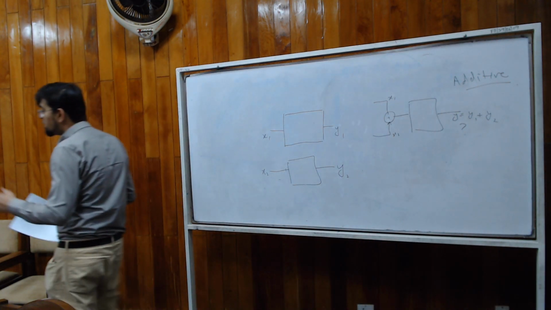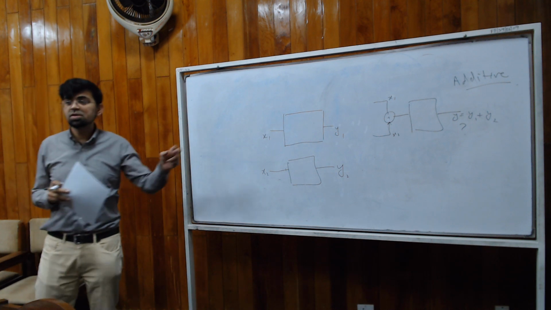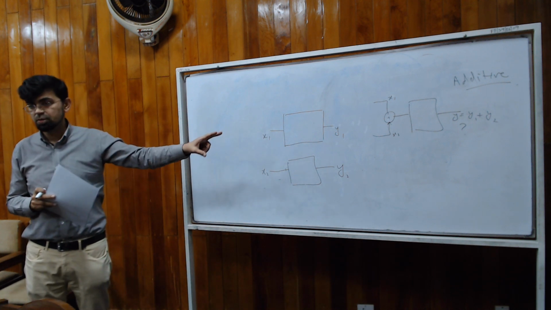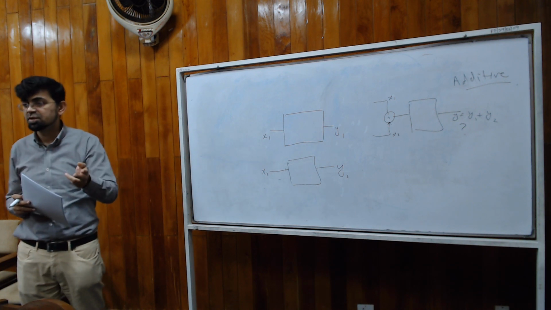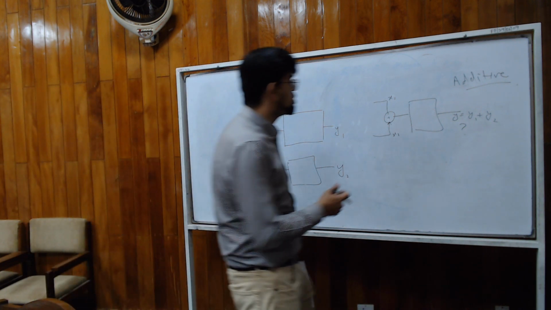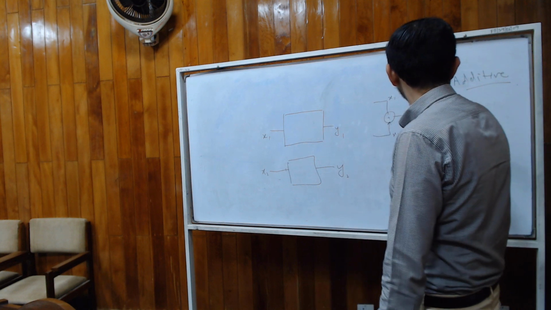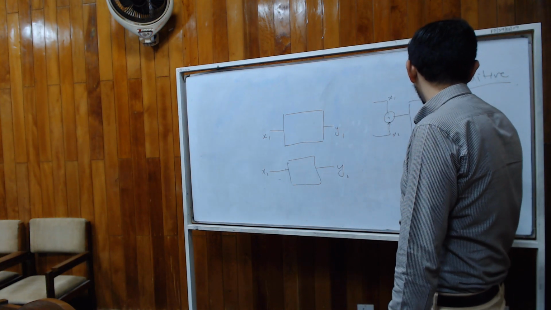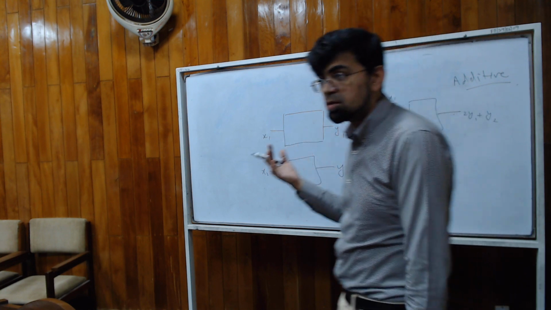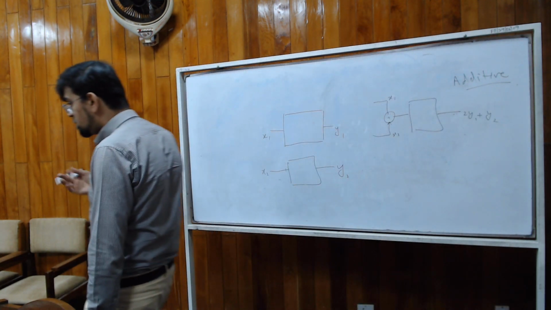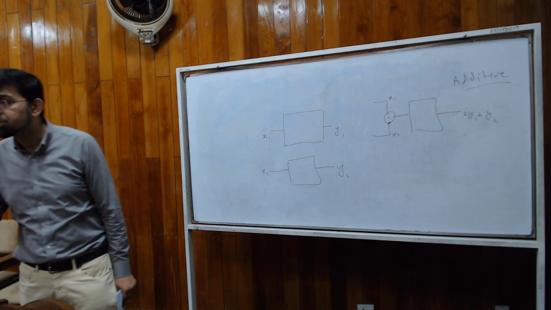So the first one was homogeneous; this one allows additivity. Again, there are additive systems and non-additive systems. What would a non-additive system do in this case? It will give you something other than y1 plus y2. Maybe it gives you 2y1 plus y2, anything. It won't give you y1 plus y2, something else.